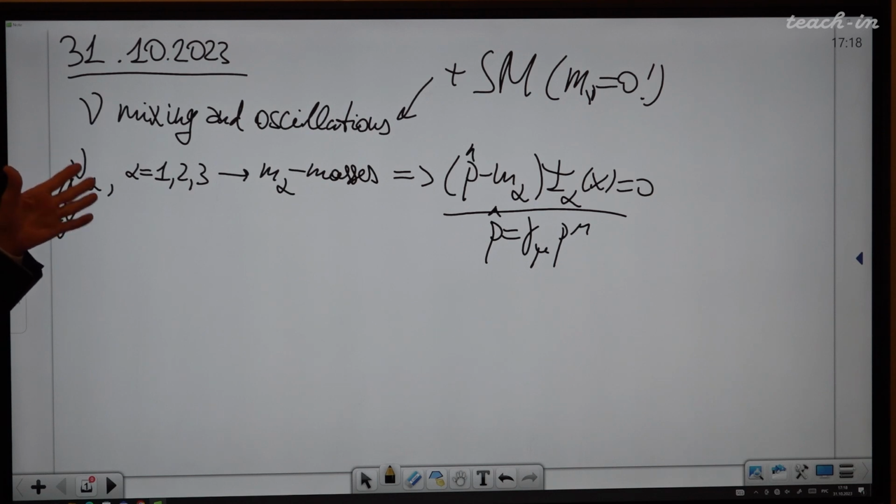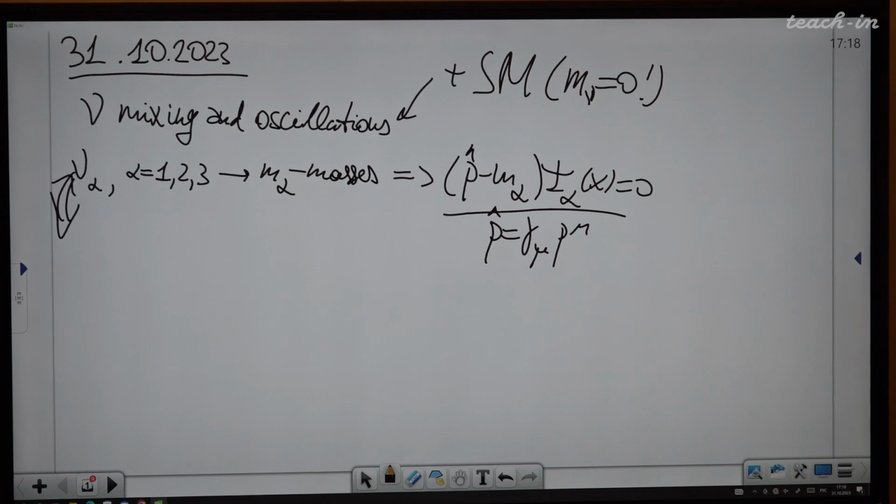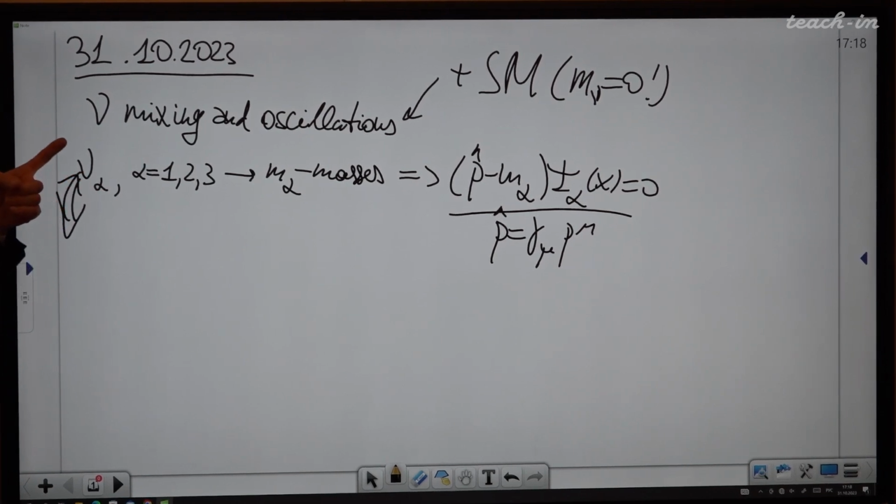In other words, we need the Lagrangian of interaction of the standard model, but we would like to be as close as possible to the standard model, not to ruin the whole structure. And in the standard model, we have to incorporate other neutrinos that account for interaction and communication with our particles.